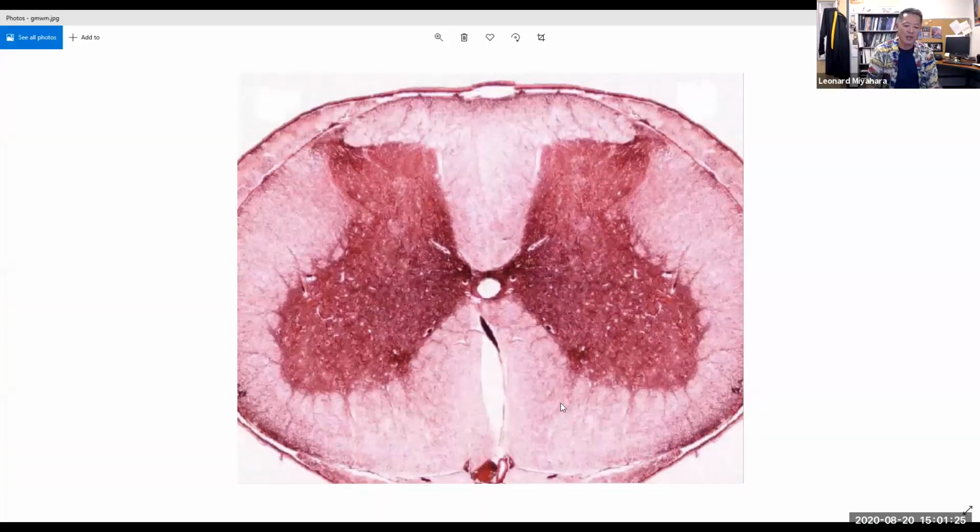Last one. What is the name of the structure?